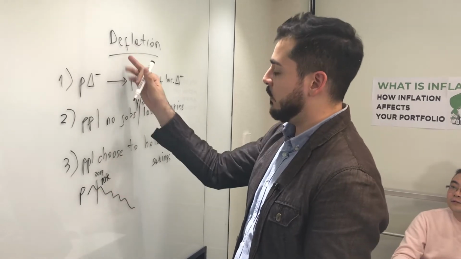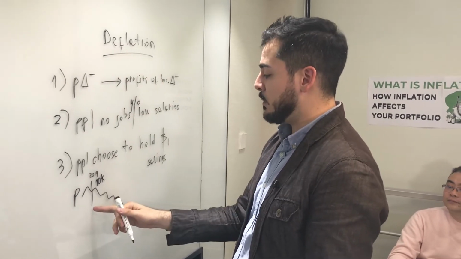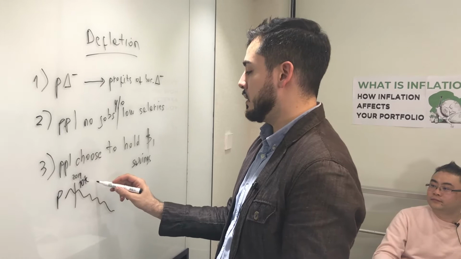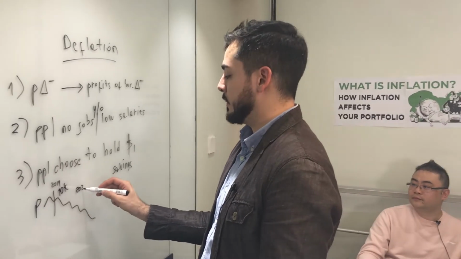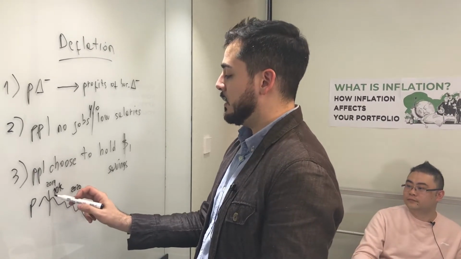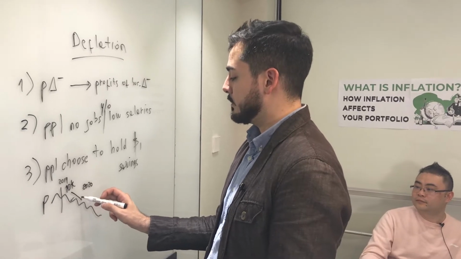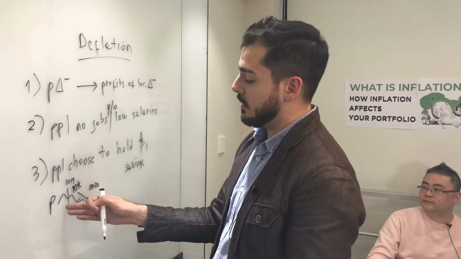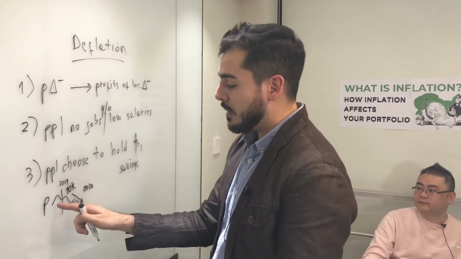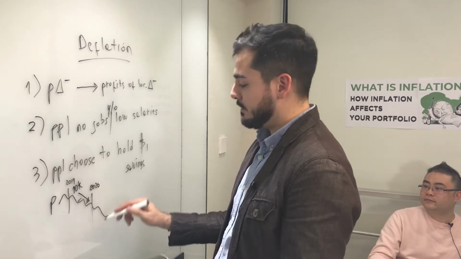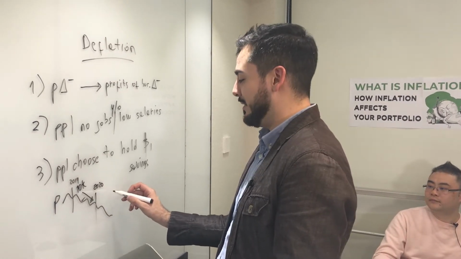But we know there is deflation. So maybe Ray will think that next year, 2020, this car price will be lower. So why do I have to buy now? I can wait.